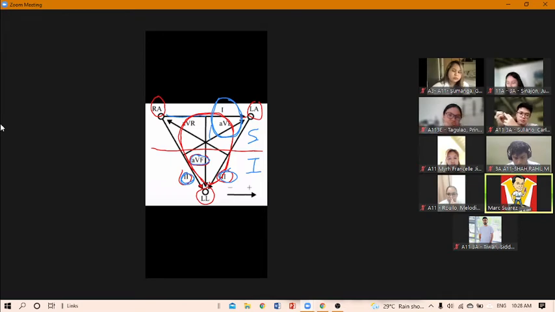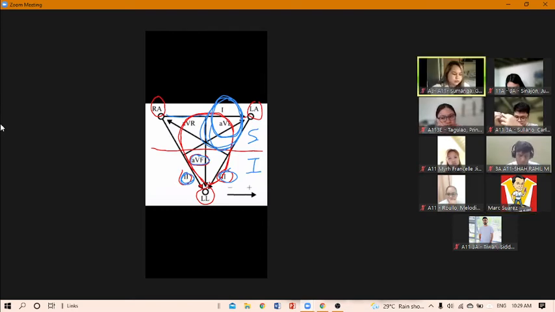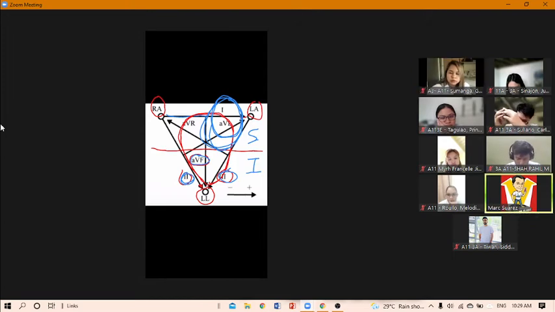Can we proceed? Yes, Doc. Once again, the inferior portion is encompassed by lead 2, lead 3, and aVF. The superior portion is represented by lead 1 and aVL. That is very easy, so you don't need to be stressed with this one. Follow?